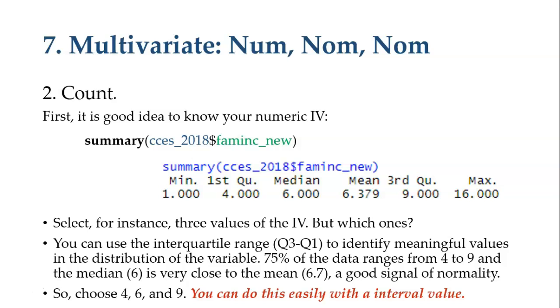But the first thing I want to highlight here is that you need to know your independent variable very well. Similar to the past, if you have a categorical independent variable with two levels, low and high, you need to count for low how many support Medicare, for instance, and for high how many support universal provision of Medicare.